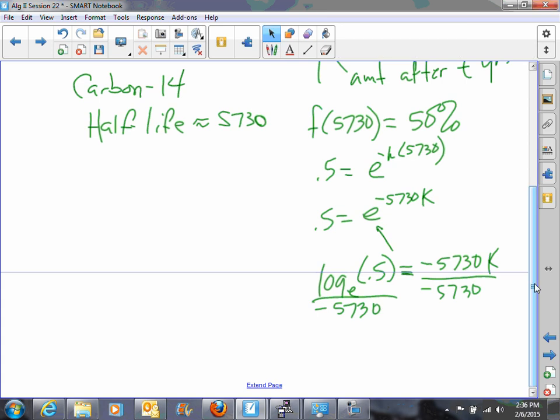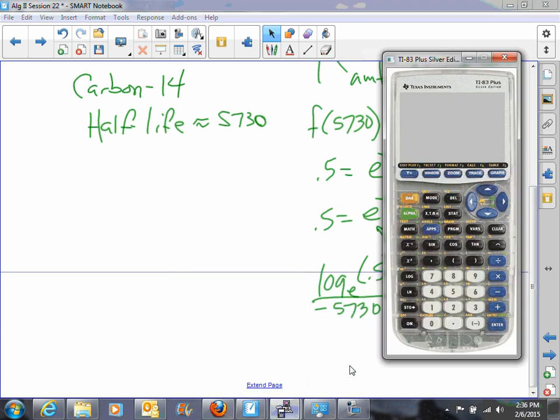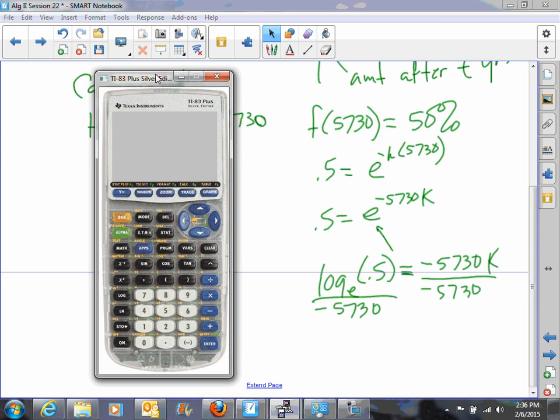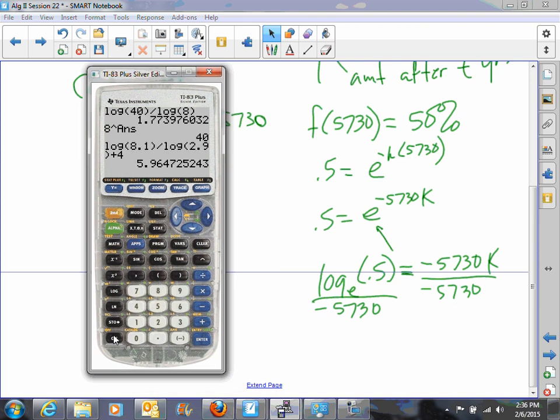Now, let's get the calculator and actually do this calculation. Clear what we got there. So log base e, that's the button right next to the 4, and notice it says ln, we think of that as natural log, 0.5, close parentheses.